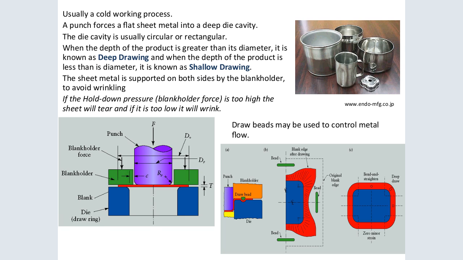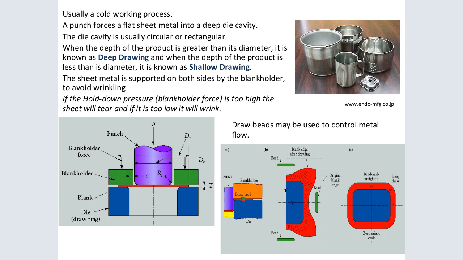Usually it is a cold working process, where the punch forces flat sheet metal into the die cavity. The die cavity is usually circular or rectangular. When the depth of the product is greater than its diameter, it is known as deep drawing, and when the depth of the product is less than its diameter, it is known as shallow drawing.